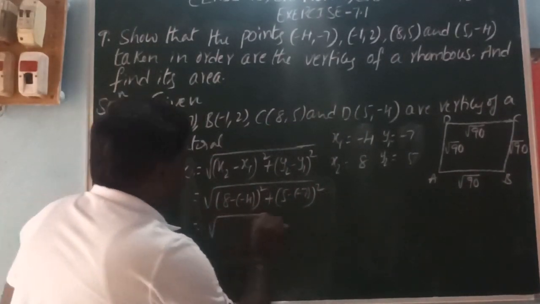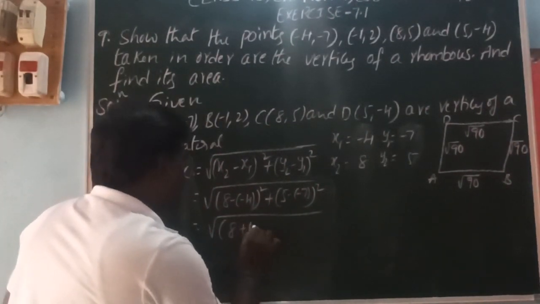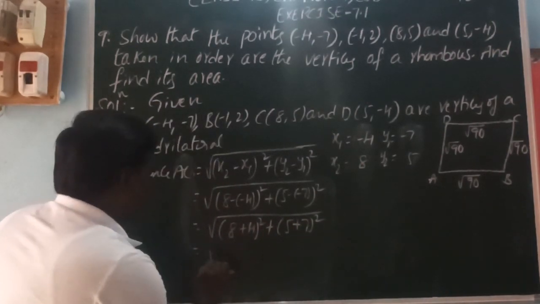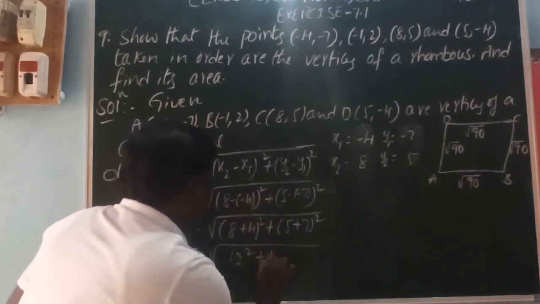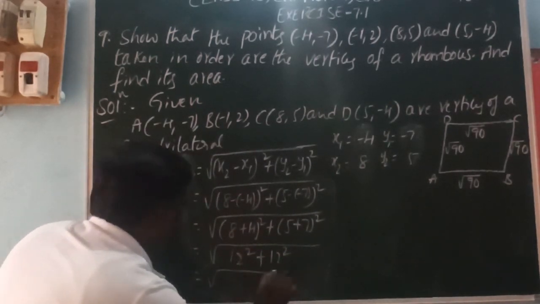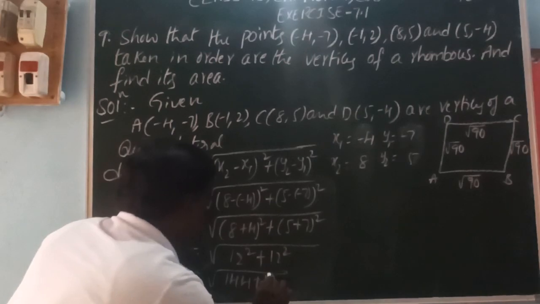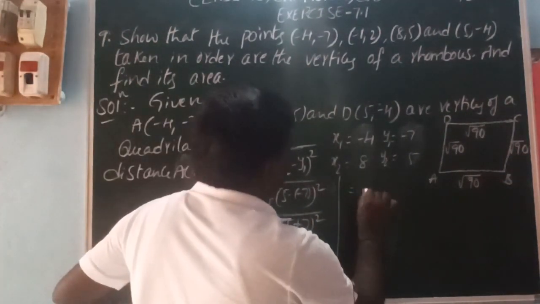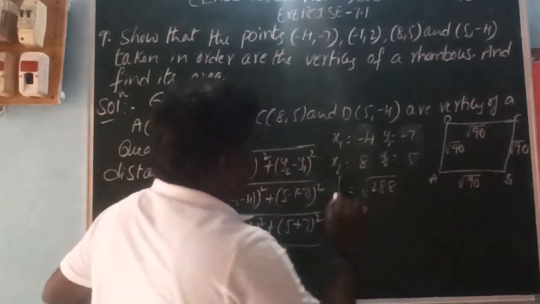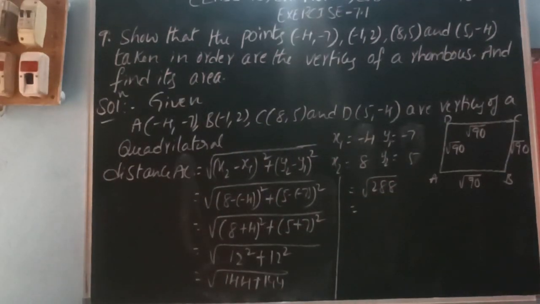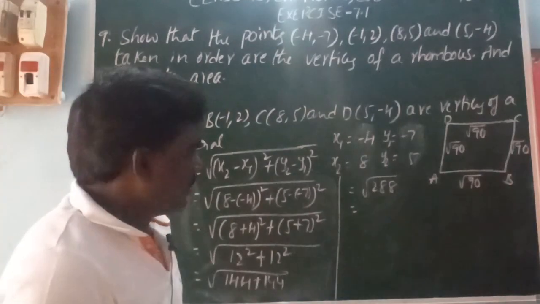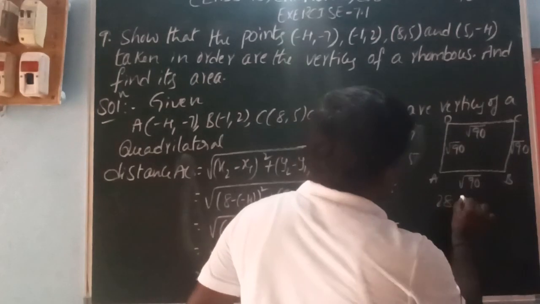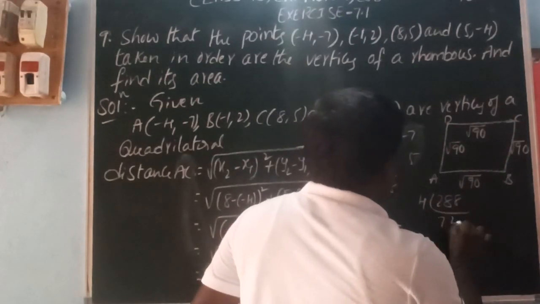So that is 8 plus 4, 12 squared, plus 12 squared. 12 squared is 144, plus 144 is 288. So square root 288, how can we write it?